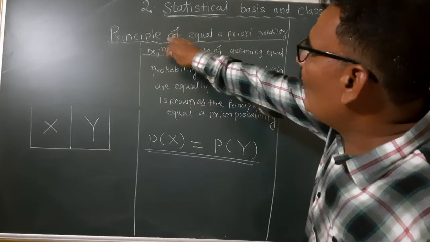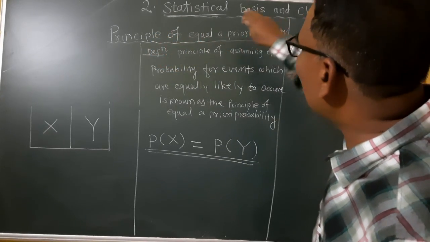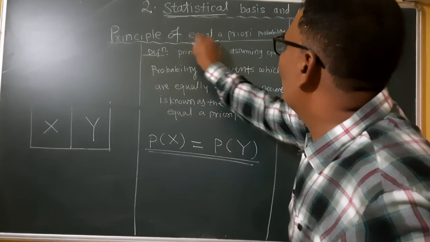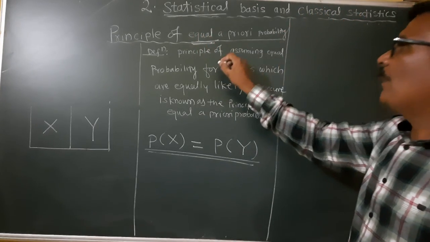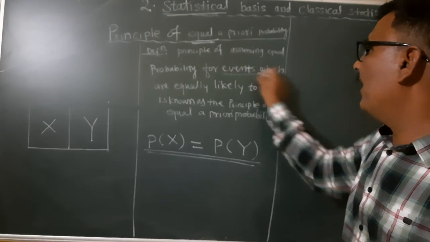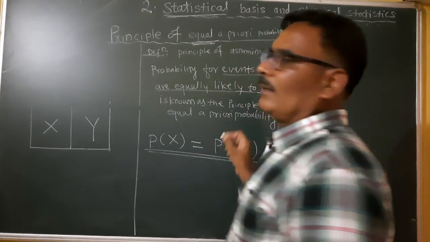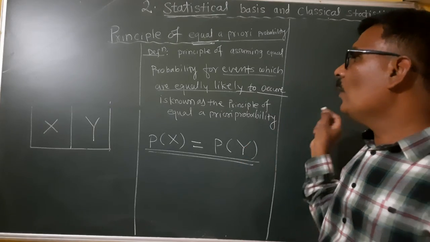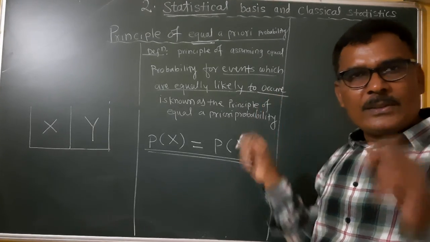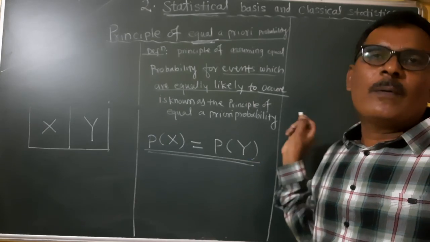The principle of equal a priori probability is the principle of assuming equal probability for events which are equally likely to occur.